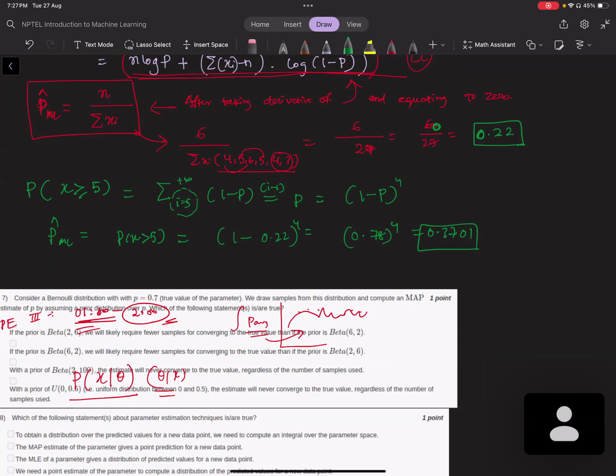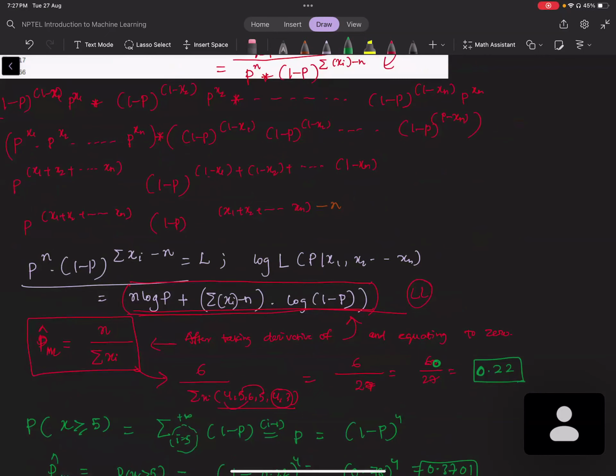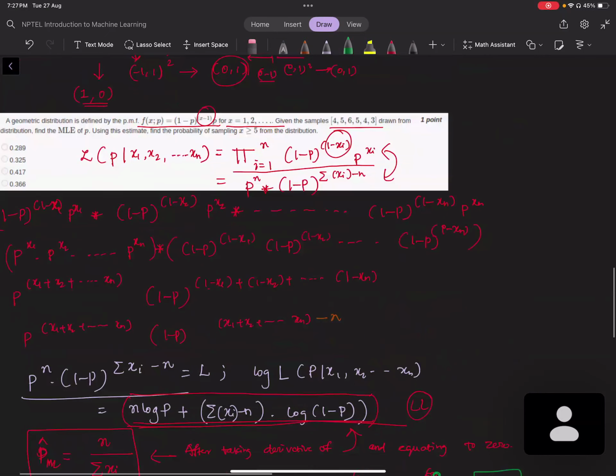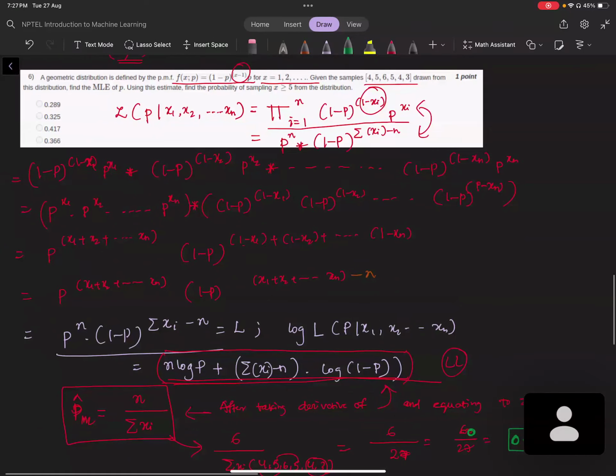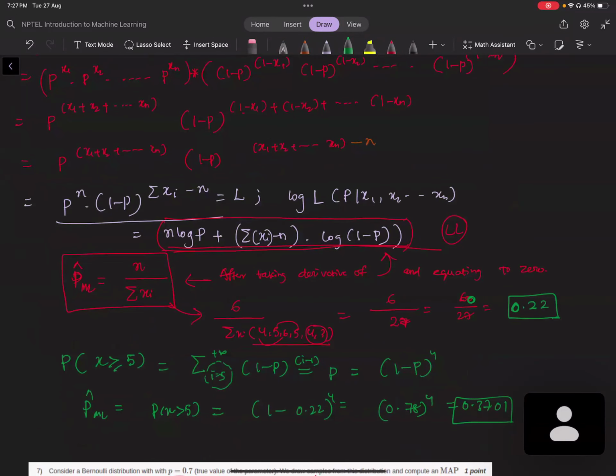If we look at the steps, first we found the likelihood equation. From the likelihood equation, we found the log likelihood equation, and we maximized the log likelihood equation by taking the derivative and equating it to 0. On simplifying, we got the optimal parameter p is n by summation of xi.